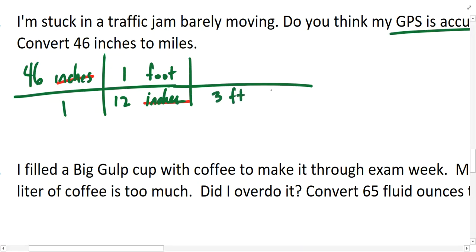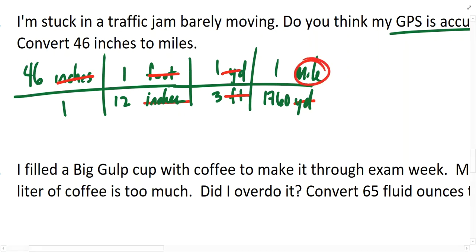There are 3 feet in 1 yard and 1,760 yards in 1 mile. Now, all along, there's a unit in the top of the T-chart and the bottom of the T-chart. Feet cancel with feet, inches cancel with inches, yards cancel with yards, and now we're left with miles.